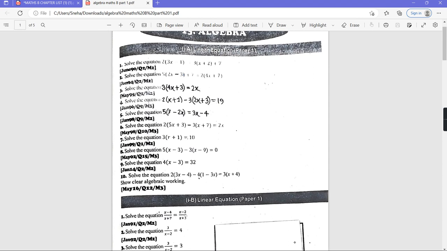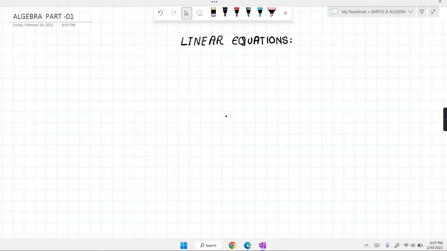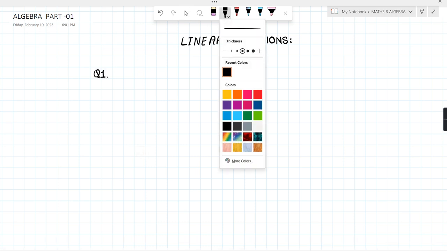For example, question number 10 wants you to find the value for x by solving this equation, right? So I'm just going to copy question 10 and then give you the solution in the Word file. Let me assume that this is question 1 for our linear equations.